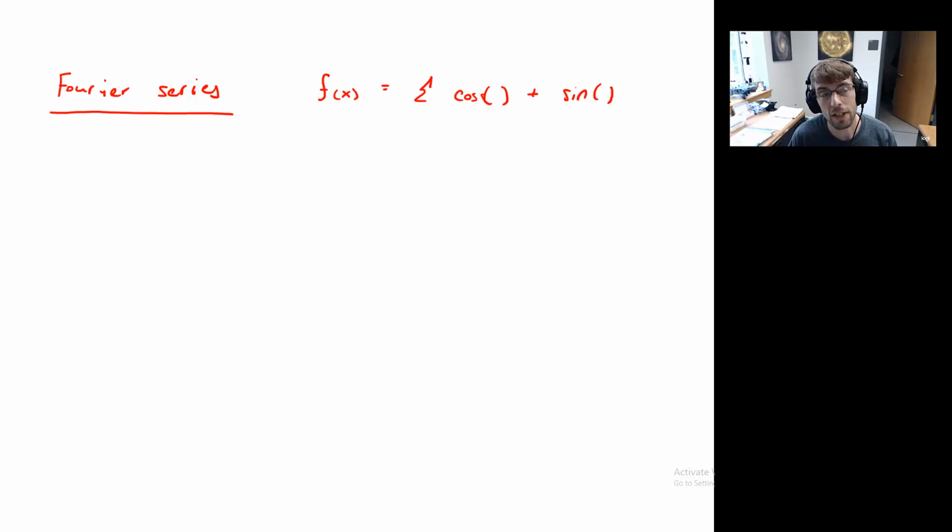So the first thing I want you to consider, and this is kind of the basis of the entire idea, consider for a moment two functions.